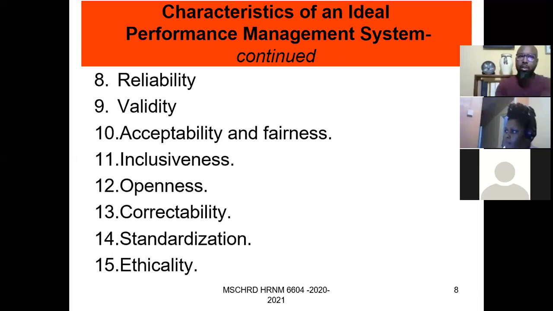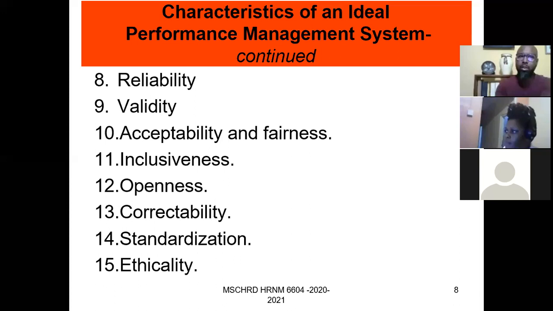And then naturally, every system should be ethical, okay? Meaning it should be perceived as being fair by all the employees. Now, later on, you're going to learn about justice, and you know that word, right? Because our Jamaican people love to call for justice, right?